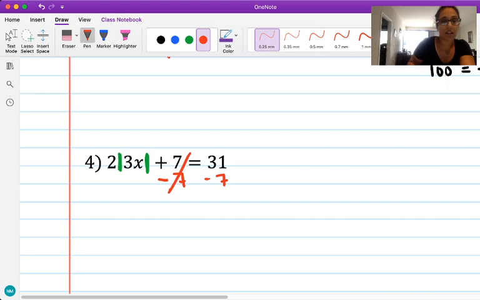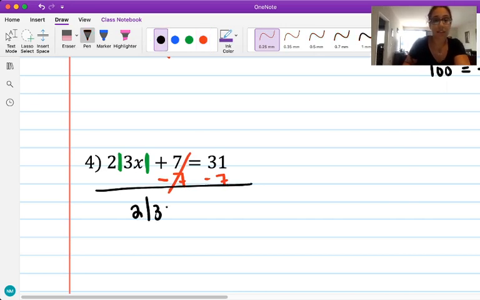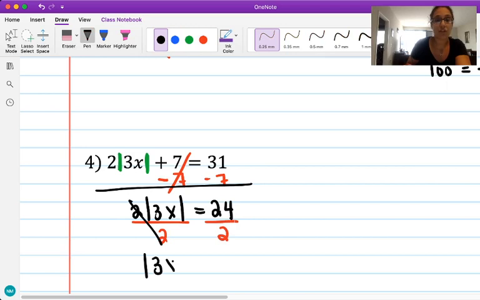And I get 2 times the absolute value of 3x equals 31 minus 7, which is 24. Then I divide by 2 to get rid of that coefficient. The absolute value of 3x is equal to 12.